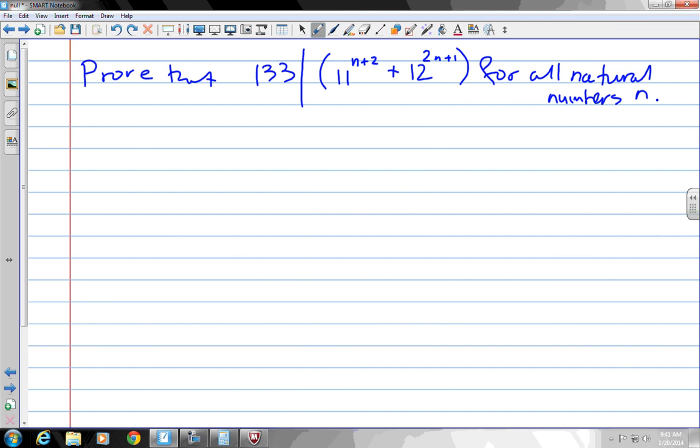So 133 divides that unholy mess regardless of the values of n.